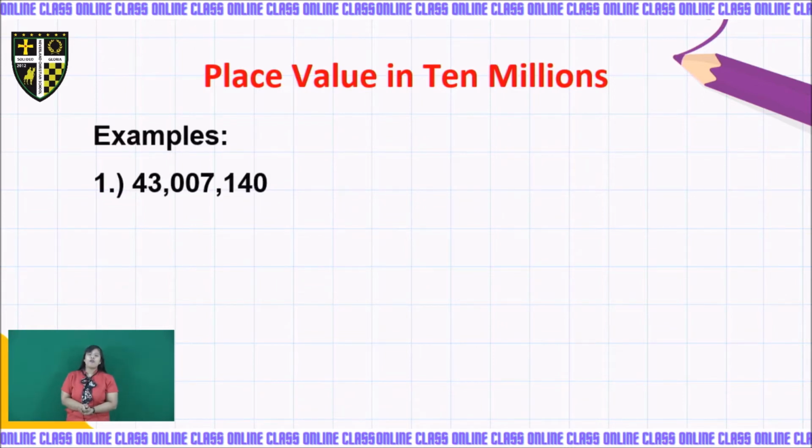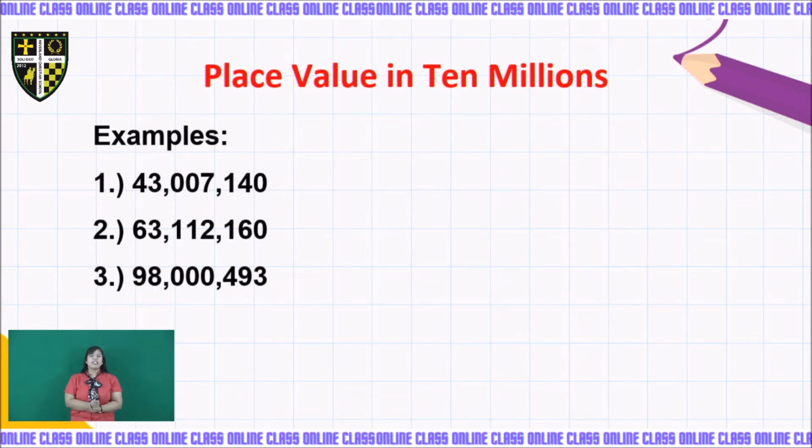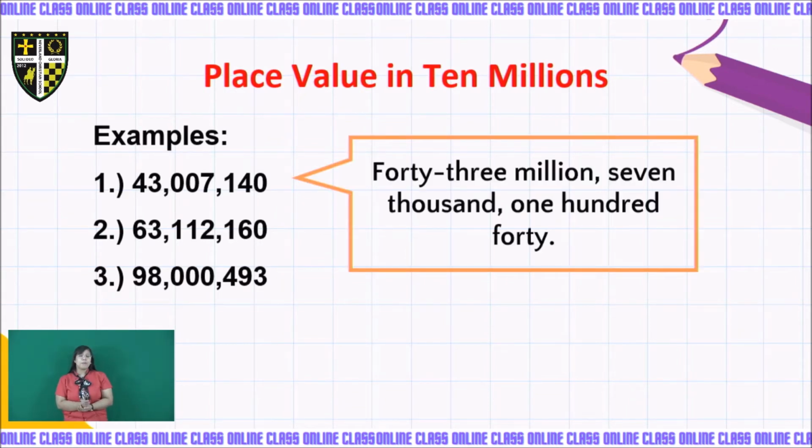We have 43,007,140. Next, 63,112,160. And the third one is 98,493. So the first example is written as 40,000,000, 7,000,140.